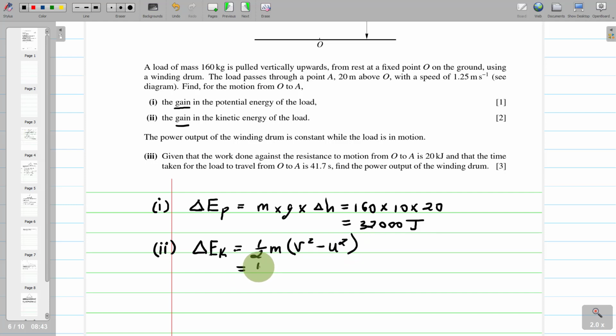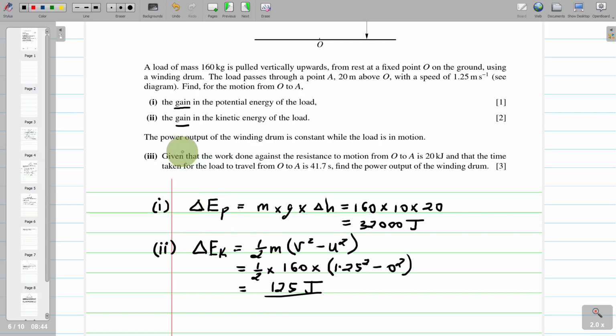It's going to be equal to half times 160 times the v at point A, which is 1.25 squared, of course minus 0 squared. Everything is enclosed in the brackets, and if you work that out, you're going to get 125 joules. Quite a small amount of gain in energy.